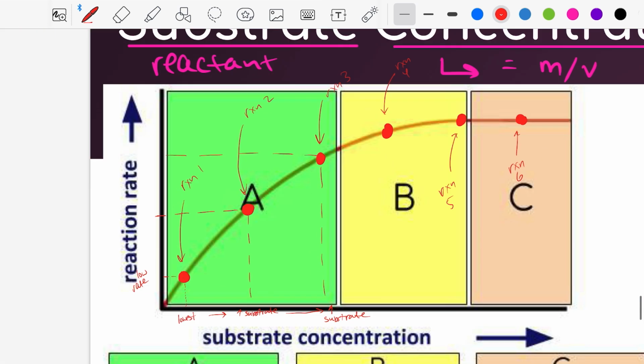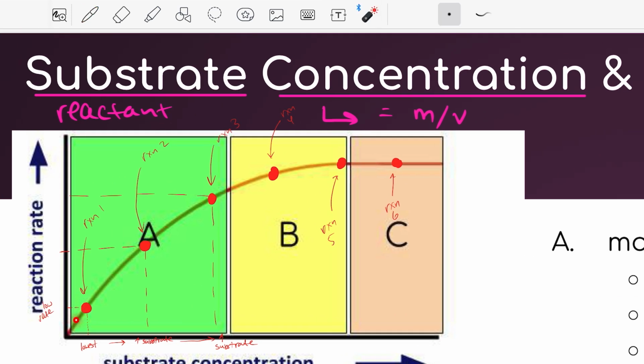So for a while, increasing the amount of substrate will actually produce more product per unit time. So if we're measuring every second, then the amount of product per second is increasing as you repeat this reaction with more and more substrate concentration, with a greater amount of substrate in the same amount of volume. But what you'll see is that there's a limit that you reach with substrate concentration.